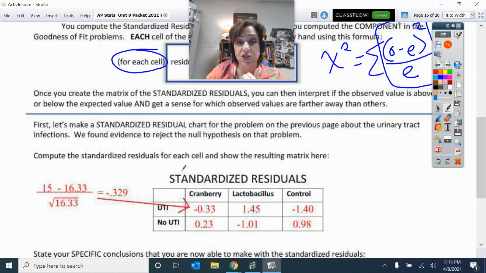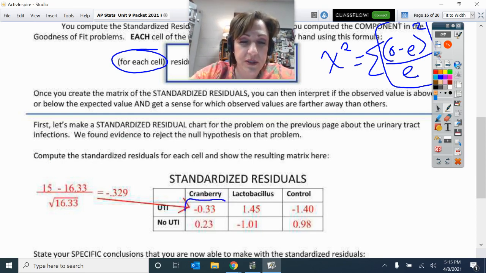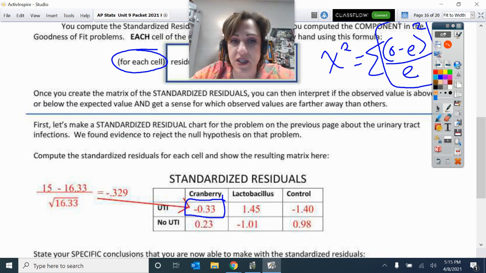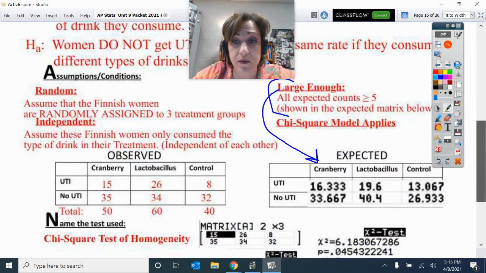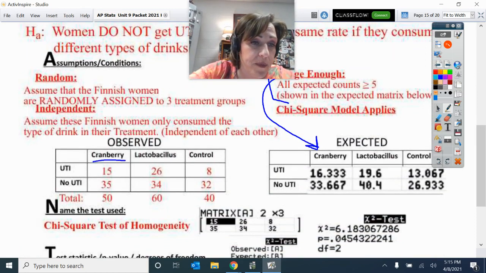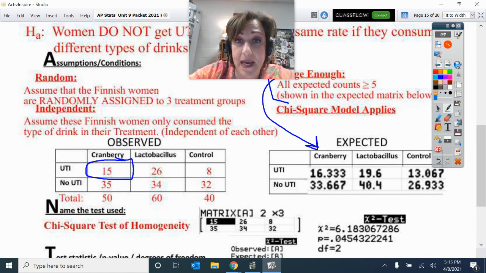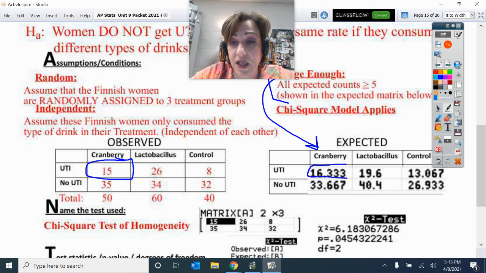Here we go. Standardized residuals. Look at what I did for this one cell. For the cranberry one, I did observed minus expected divided by the square root of expected.